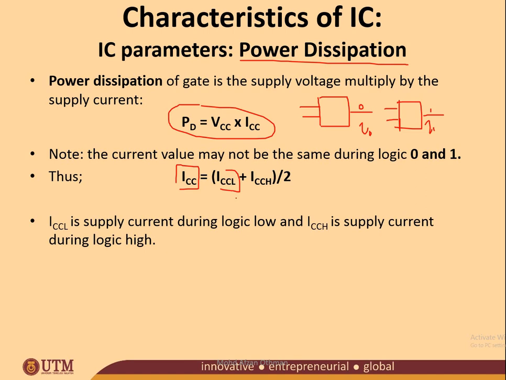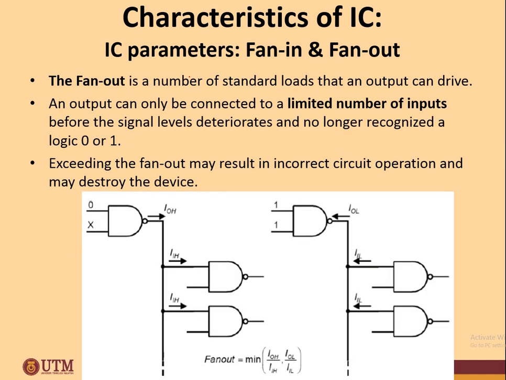ICCL is the supply current when the logic is low, and ICCH is the supply current when the logic is high. Remember this wording: supply current during logic high and during logic low.